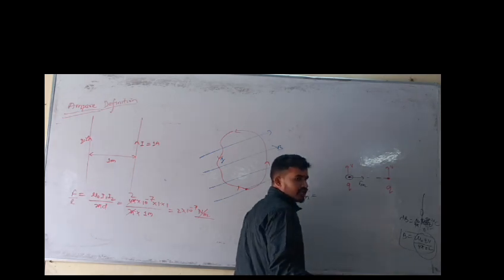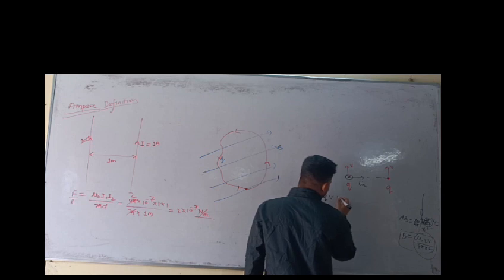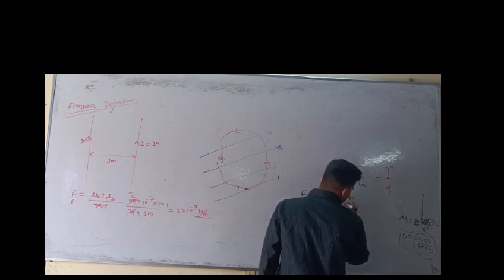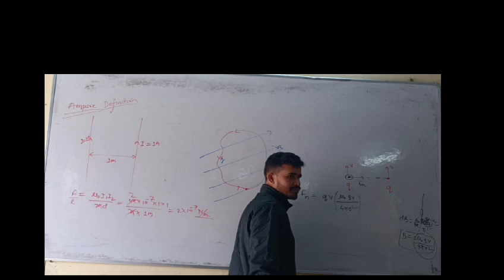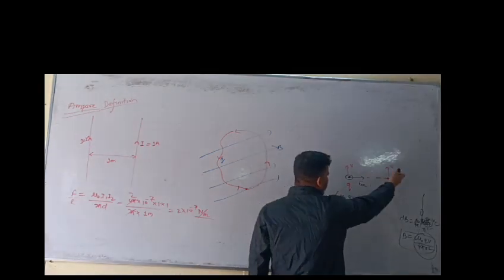What will this be? Literally q into v cross B, so q v B. What is B? Mu naught q v upon 4 pi r square. Both will have the same magnitude because both are at the same distance, same quantity q, same v.